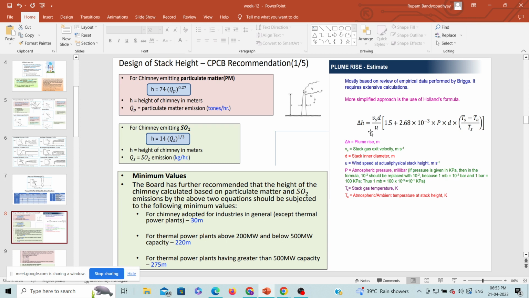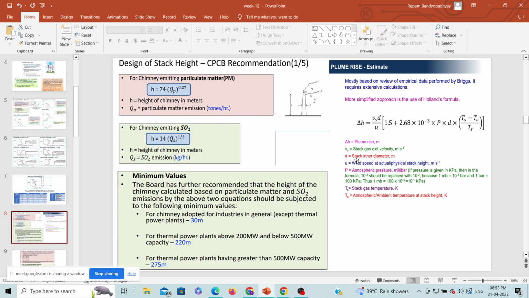We also solved some numericals in previous interactive sessions using this equation, so you can see those numericals. Basically delta H is the plume rise you have to calculate, and Vs is the stack gas exit velocity, the velocity with which the stack gas is released from the stack, and D is the inner diameter of the stack.